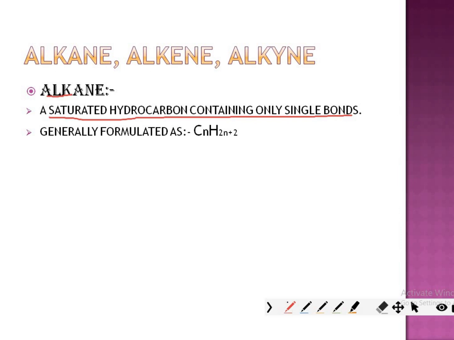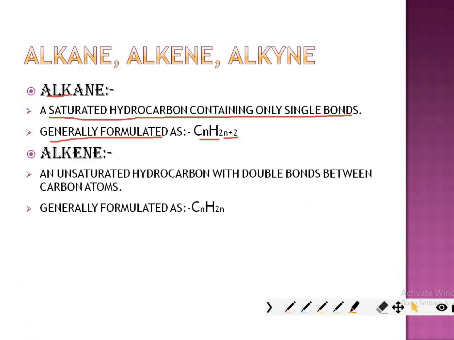This hydrocarbon alkane is denoted with the formula CnH2n+2. Next we have alkene. An unsaturated hydrocarbon with double bonds between the carbon atoms is called alkene.